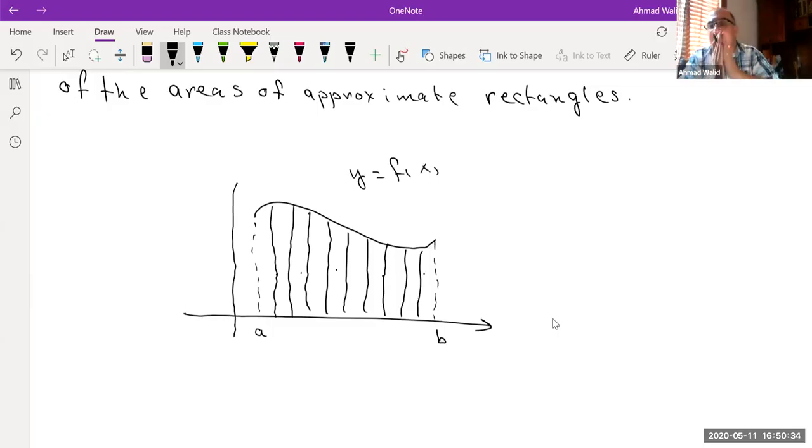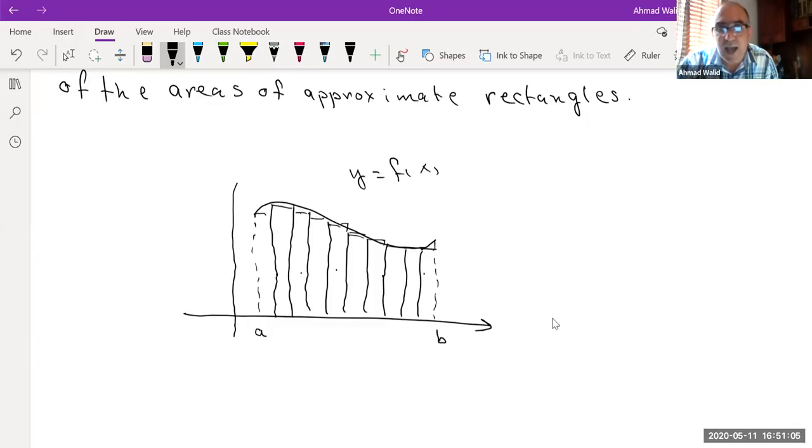If I increase the number of rectangles, my approximation will be really close to the real number. Agree? Yes or no? If you increase the number of rectangles, you will get a better area. You see even here, the missing parts will become lower and lower because you increase the number of rectangles.